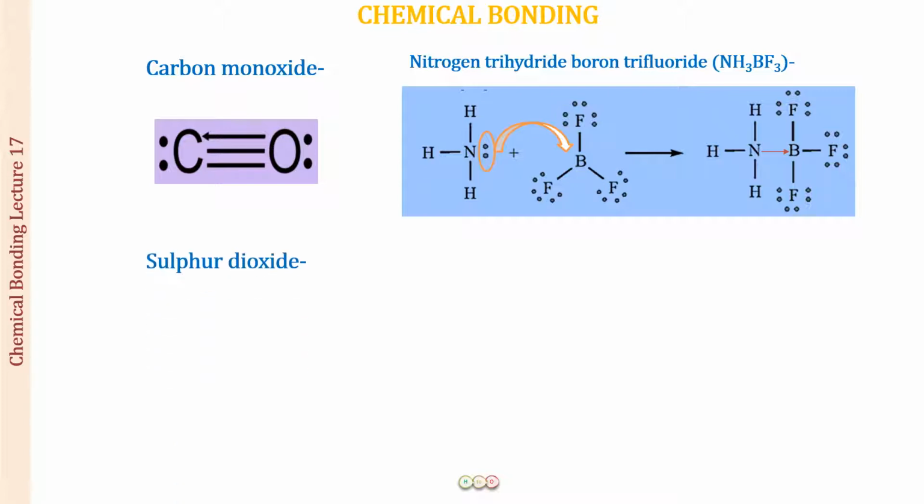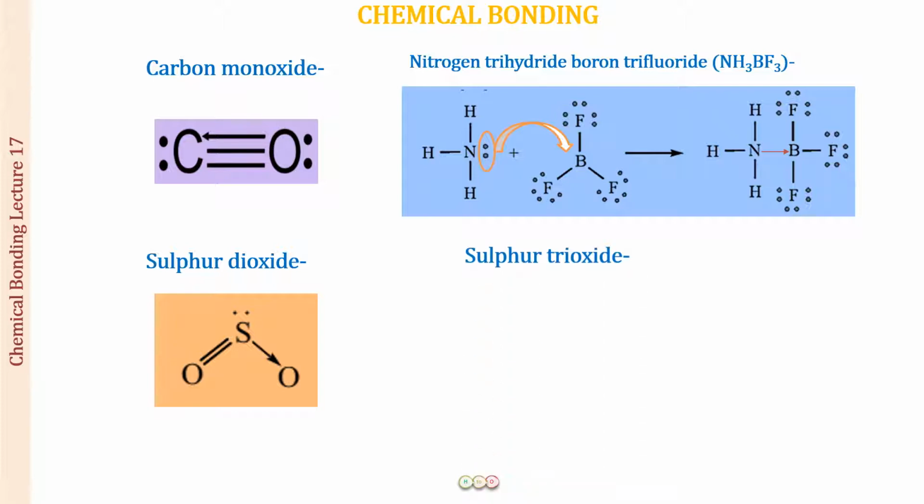Okay, next we have the sulfur dioxide molecule. In this, what you are seeing is that there is a double bond between sulfur and oxygen, and the lone pair of electrons on sulfur has formed a coordinate bond with oxygen, just similar to what we have done for the ozone molecule. Next, we have the sulfur trioxide molecule.